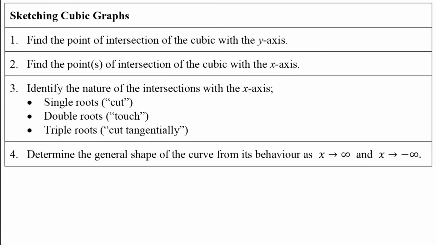And we also have to determine the general shape of the curve from its behaviour as x tends to infinity and as x tends to negative infinity. But we know that we can do this by looking at the coefficient of x cubed. If we have a positive coefficient of x cubed, we have a curve with this general shape. If we have a negative coefficient, we have a curve with this general shape.